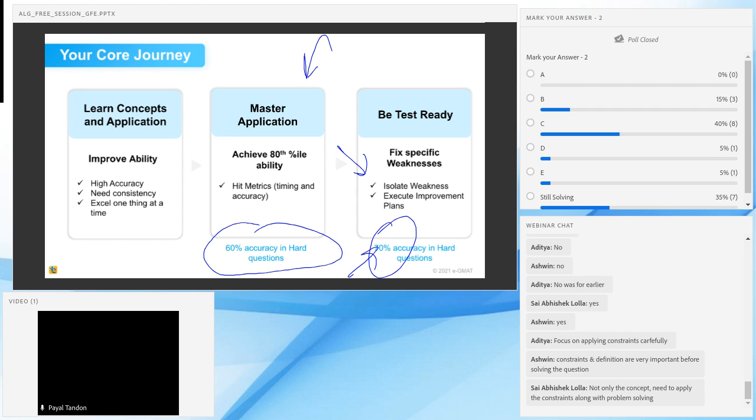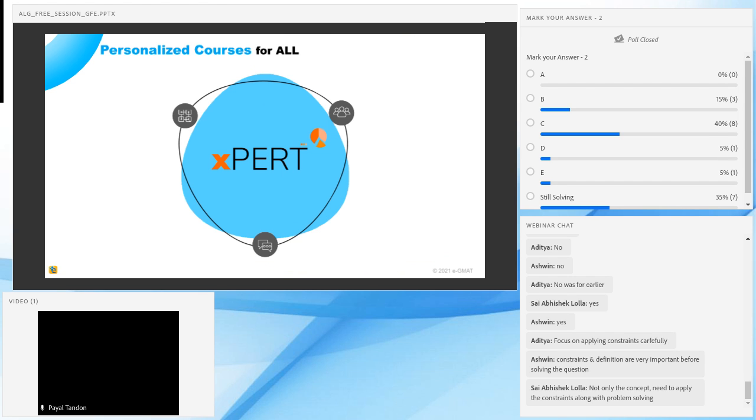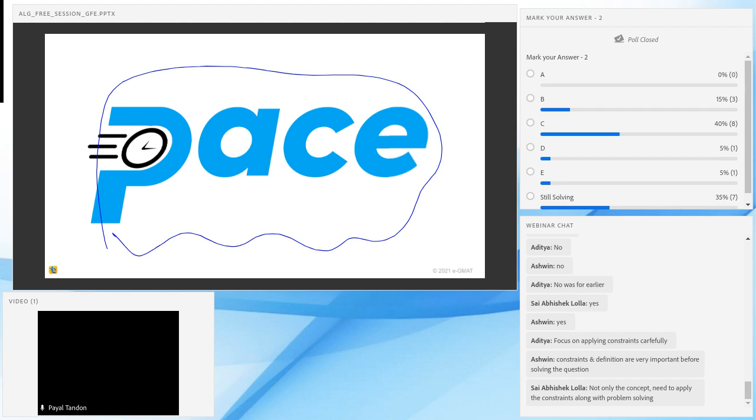So where in the first stage you are building overall concepts and application, in the second stage you go into fine tuning, increasing your accuracy in hard questions. In stage 3 you do further hyper specific fine tuning so that you get that additional one or two questions correct. So that's how you have to look at your journey over here.